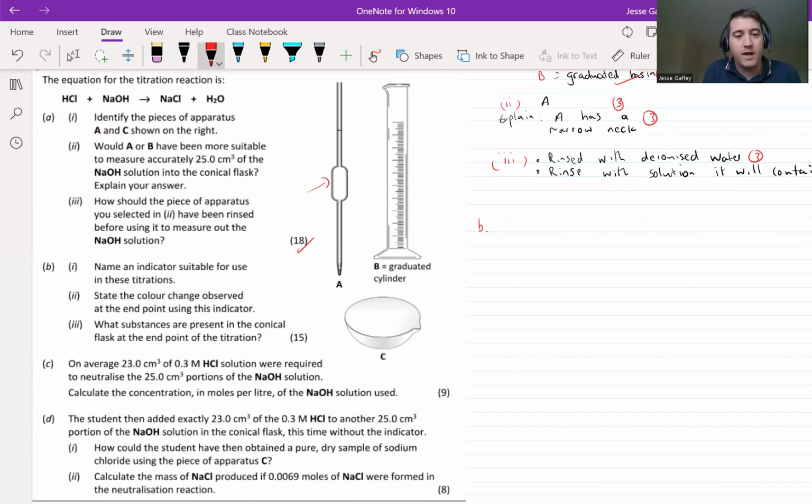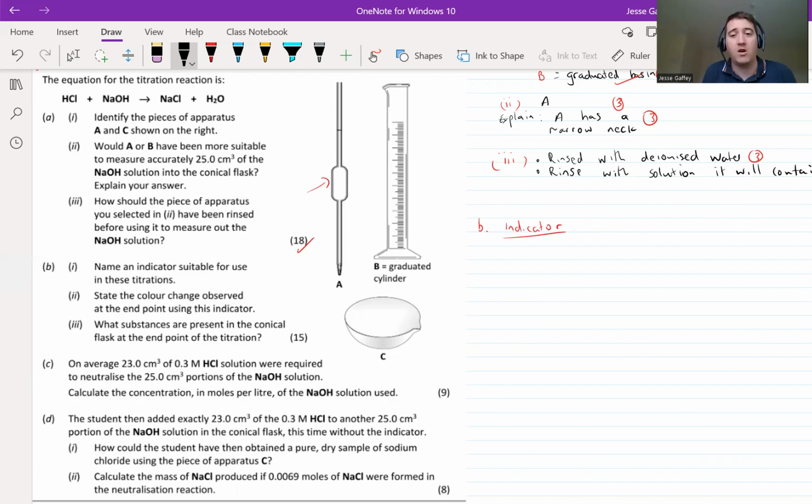Okay, so part B. Name an indicator suitable for use in these titrations. Pause the video and write down an indicator we could have used. All right, this is a strong acid, strong base titration, which means that either phenolphthalein or methyl orange will work here.